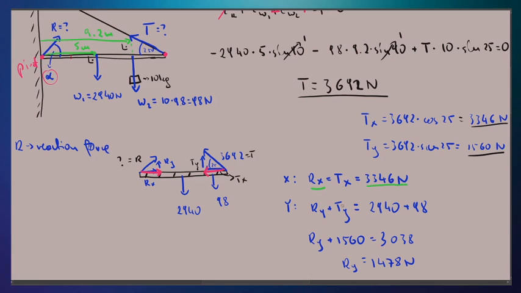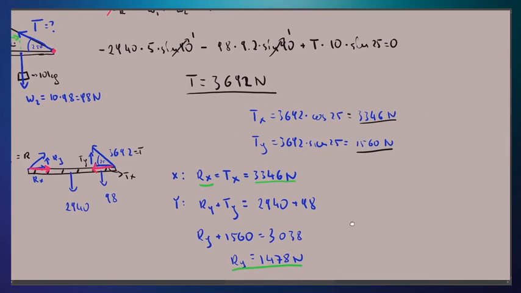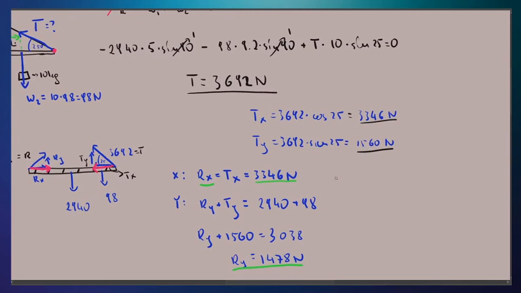I'm going to slide this screen here. When I combine these, this green is too bright, so when I combine these, that's better. Rx and Ry, I can now get R, because I just found that R is Rx 3346, comma Ry 1478, and that actually does it.